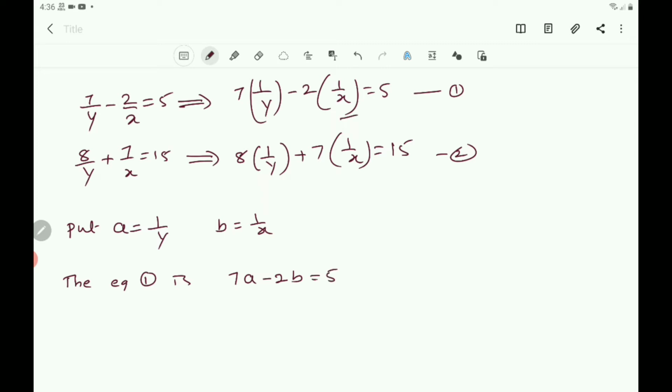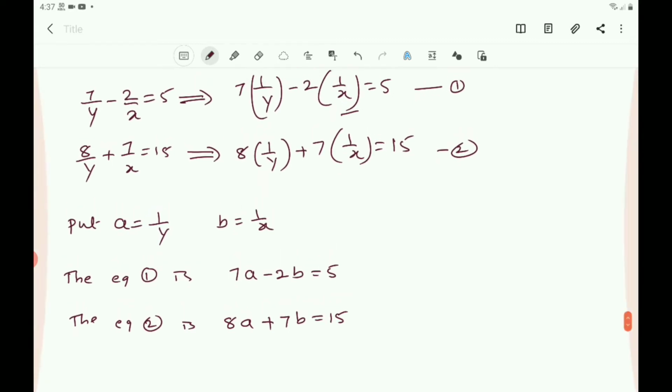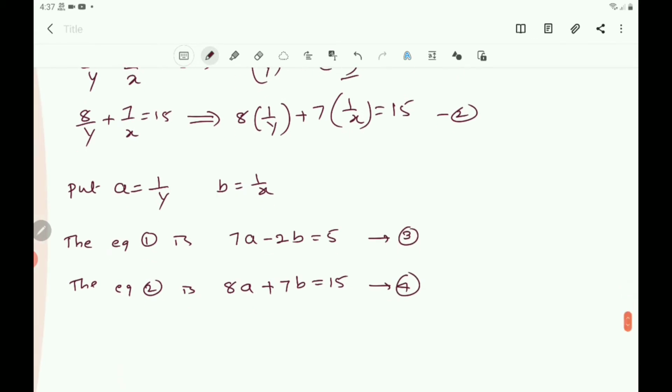The next one, equation 2, is 8a plus 7b equals 15. So we have 7a minus 2b equals 5 and 8a plus 7b equals 15. I can take this as equation 3 and this as equation 4.